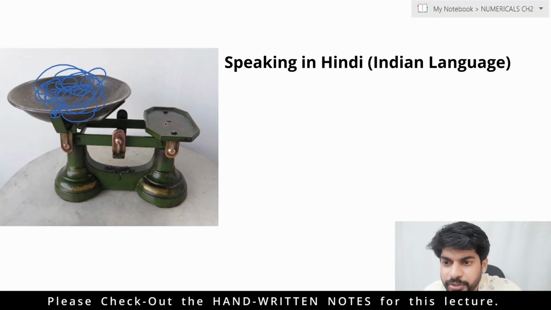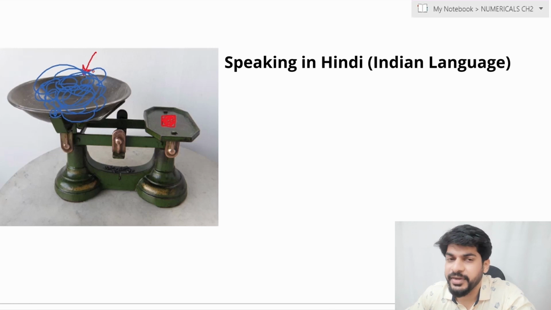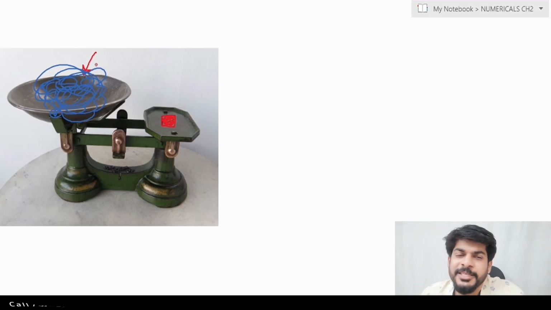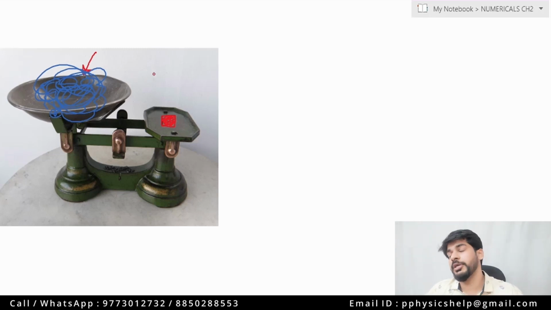For aadha kilo, he will put a block of aadha kg on one side, and he will put the objects to be measured on the other side, like chana, watana, any grocery material.